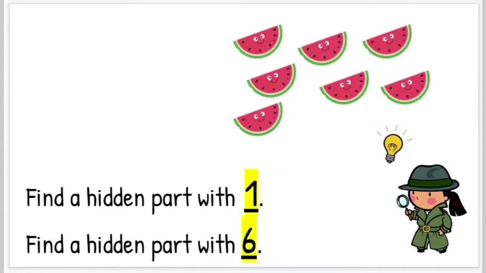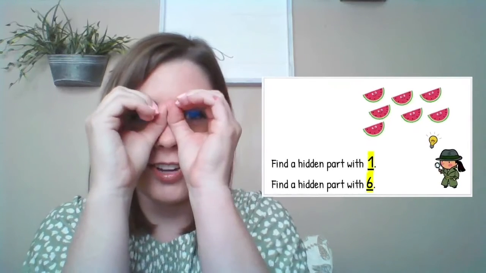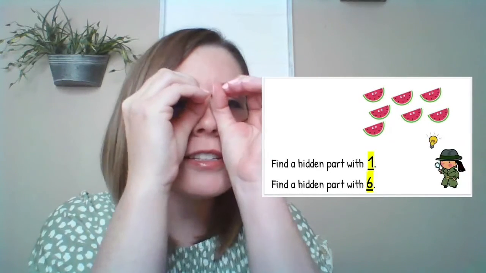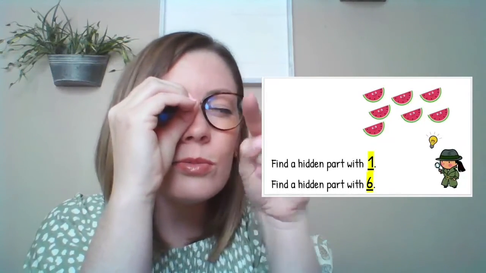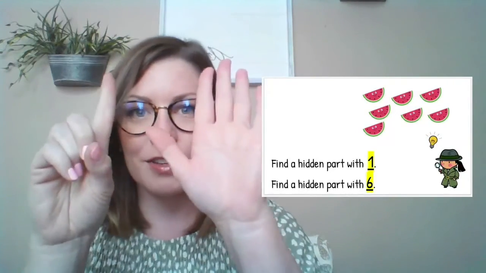Okay, I want you to spy with your eyes one hidden part of 1 and another hidden part of 6. Okay, can you circle with your laser eyes? See if you can find a hidden part of 1 and a hidden part of 6.